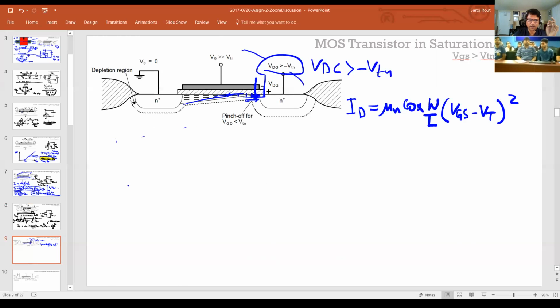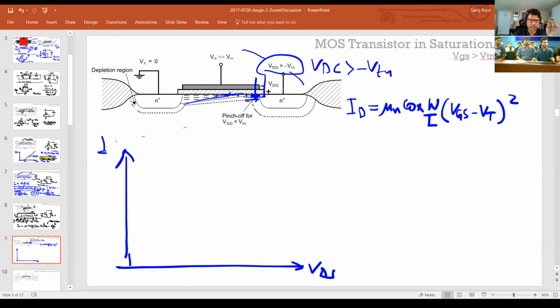Now, if I draw the IV characteristics for the whole MOS, let's say this is VDS and this is ID. For a given VGS, if you keep the VGS constant, it's linear for small VDS, and then after a VDS value greater than V effective, which is the VGS minus VT from before, it becomes constant.